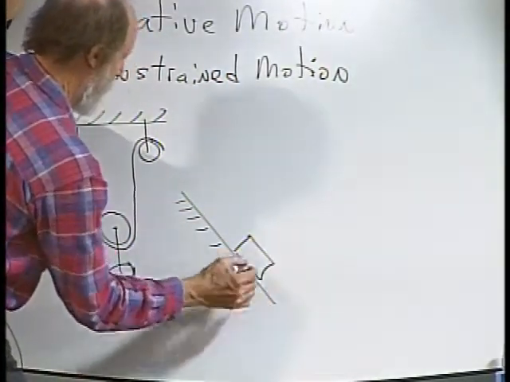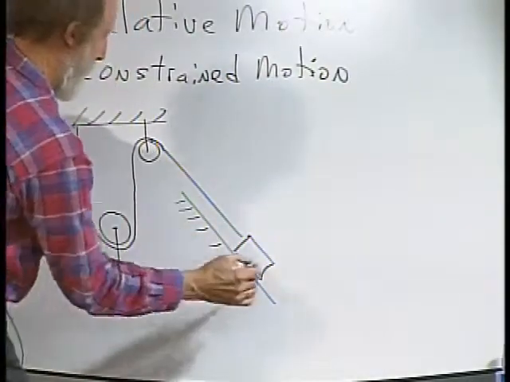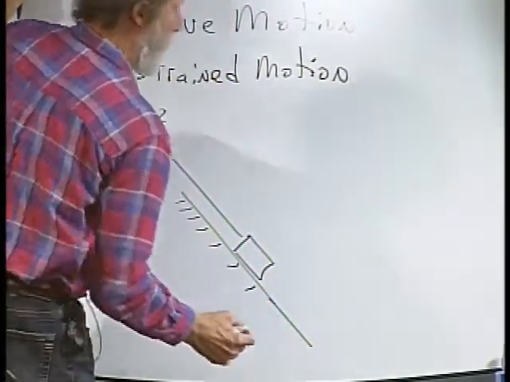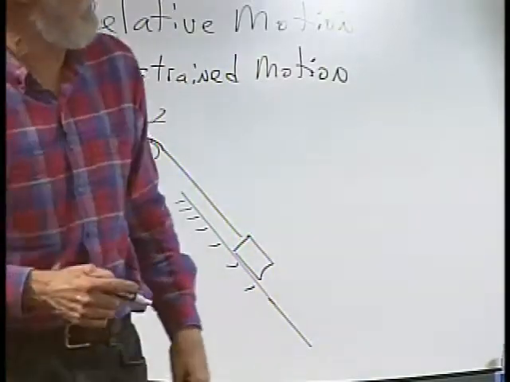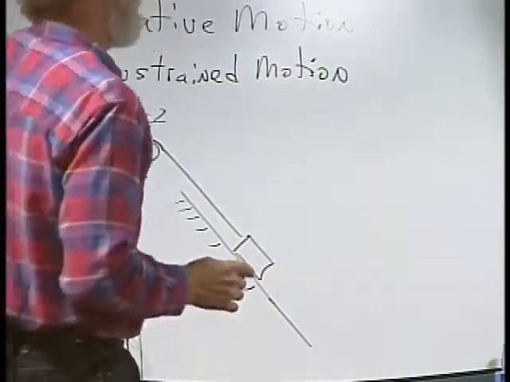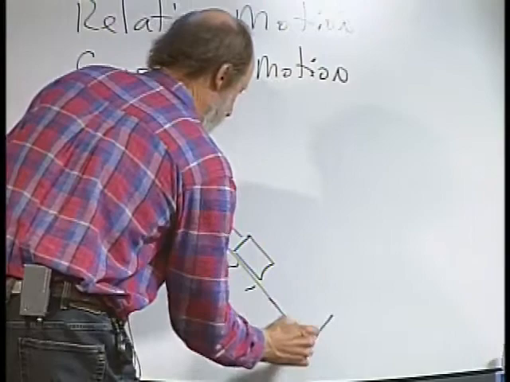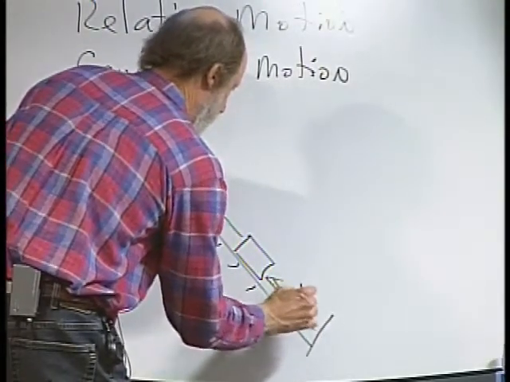And the block is hooked on there. And they describe the position of that right-hand block A as some distance x from some reference point.